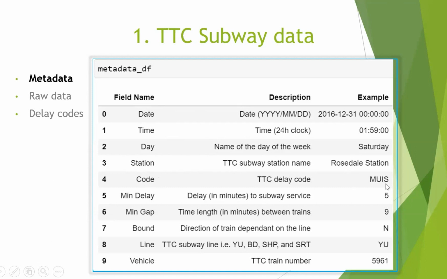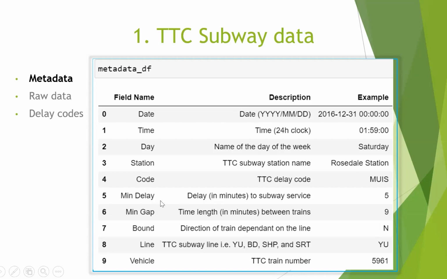These abbreviations like MUIS, PUTD, we don't actually know what they stand for, but the TTC is generous in that it provides a separate data set that lists these abbreviations with their English descriptions, okay?